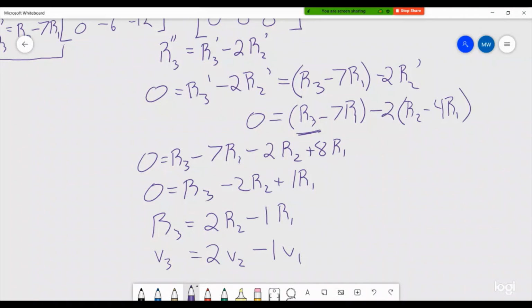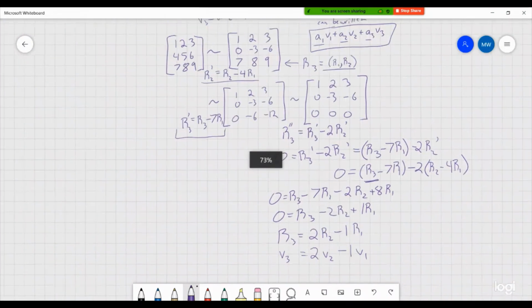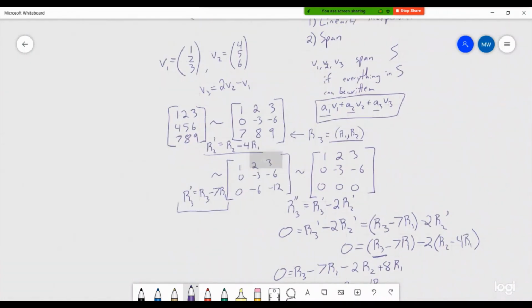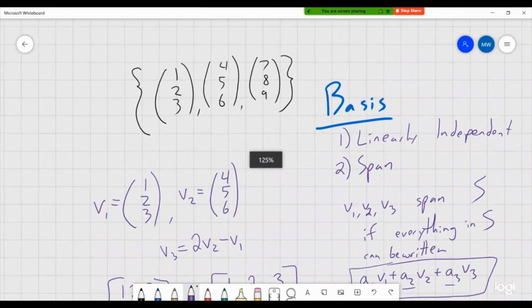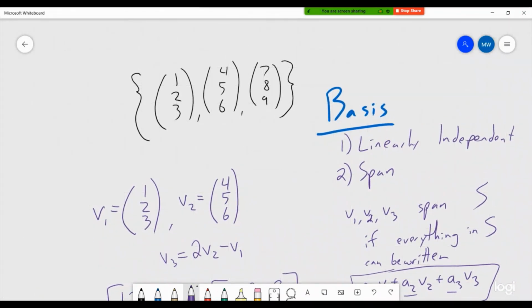Can you just show where you go from here now? Yeah, so from here, this tells us that vector 3 is not necessary to span.